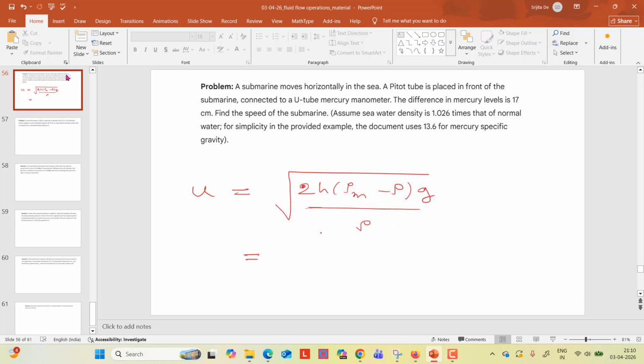So h is this difference, 17 centimeter, right? 13.6 is the specific gravity. That means we have to take 13,600 minus 1000 into 0.17 into 2 into 9.81 divided by 1000.